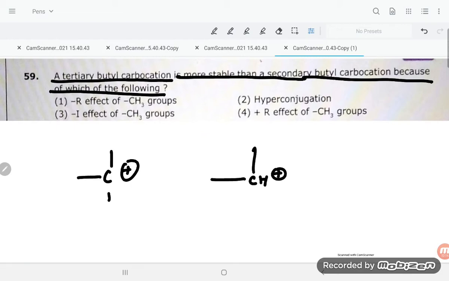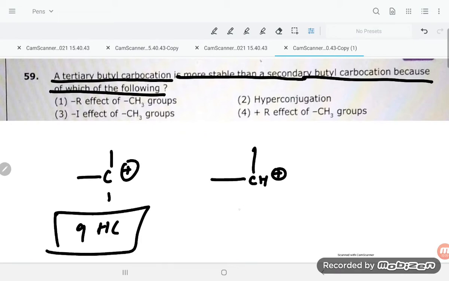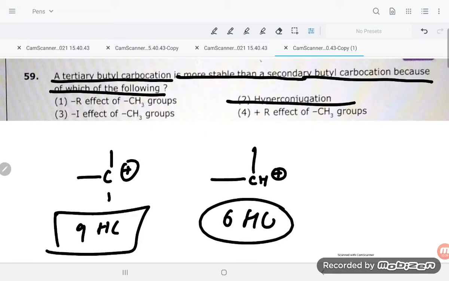Here it will be 9 hyperconjugation, and here it is 6 hyperconjugation. So because of hyperconjugation, the tertiary carbocation is more stable than the secondary carbocation, and the correct option is option number 2, student.